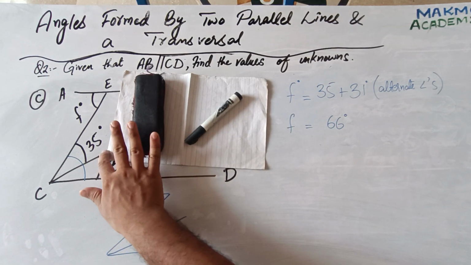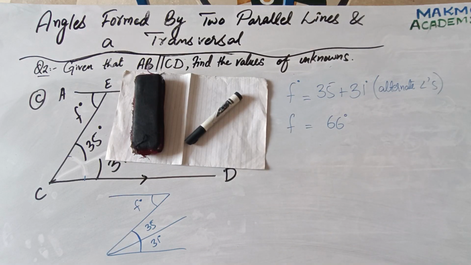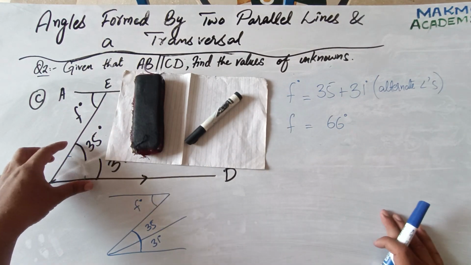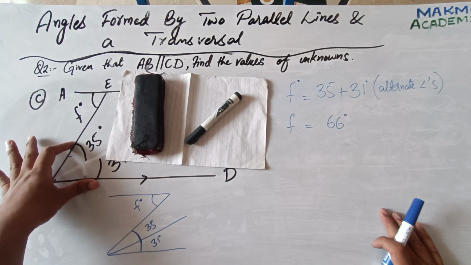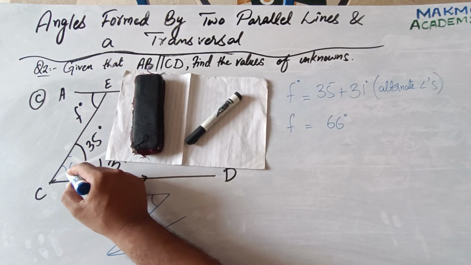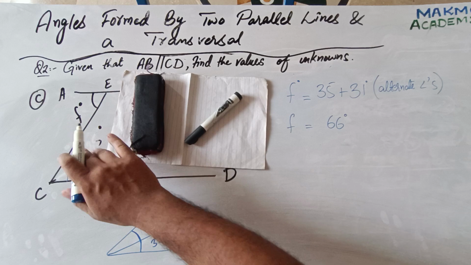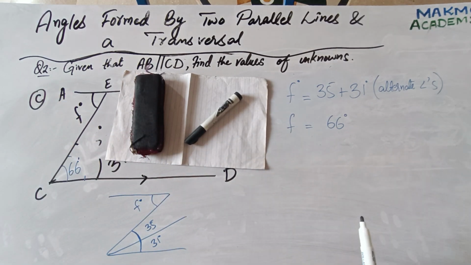So let me clarify it further. Now if I remove this line, can you see a proper letter Z? The combination of these two angles, whatever the size of these two angles, the size of this is 66. If I erase these two angles, can you see that the size of this and the size of F are equal to each other?